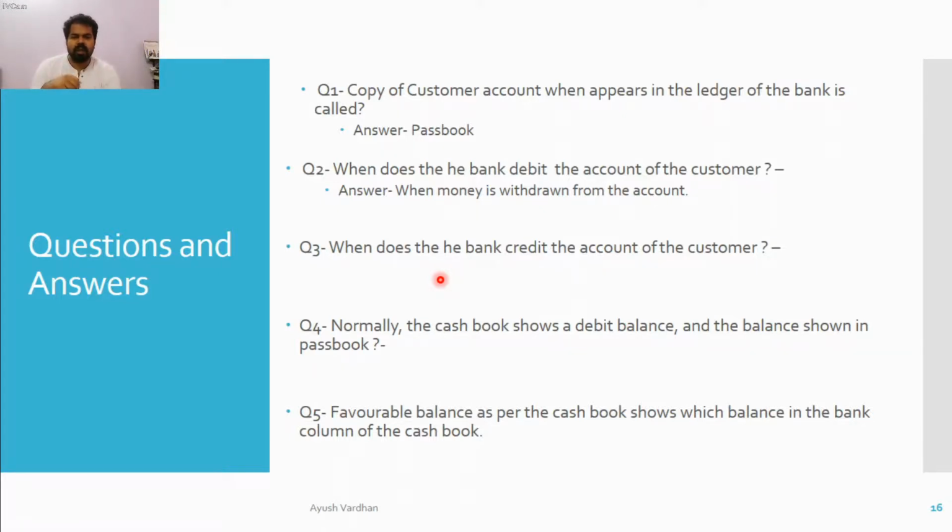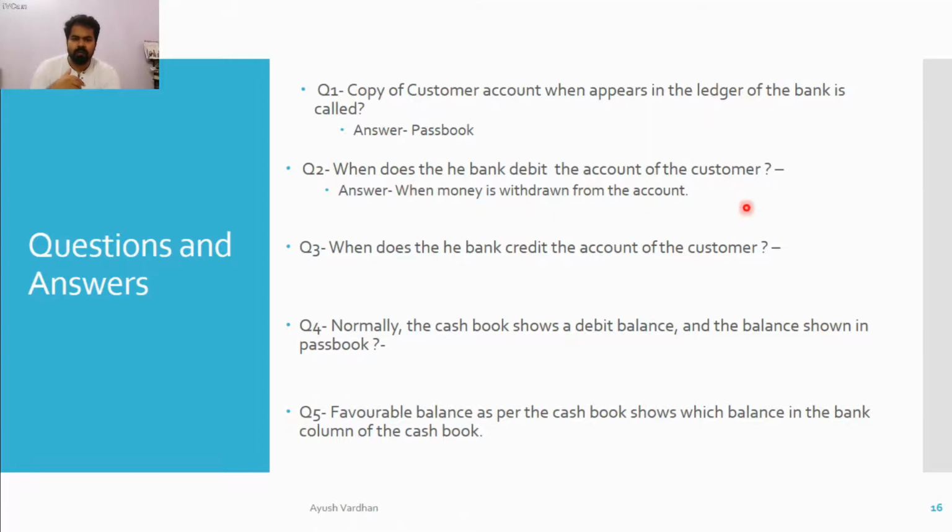Next is when does the bank make a credit entry. There is some grammatical error in the typing, but let me clarify the question: when does the bank make a credit entry in the account? It is the opposite of this.